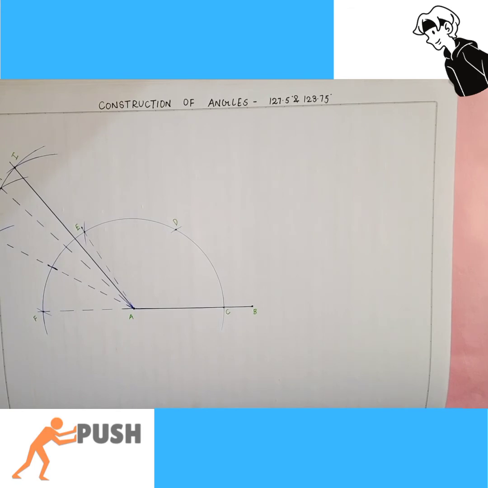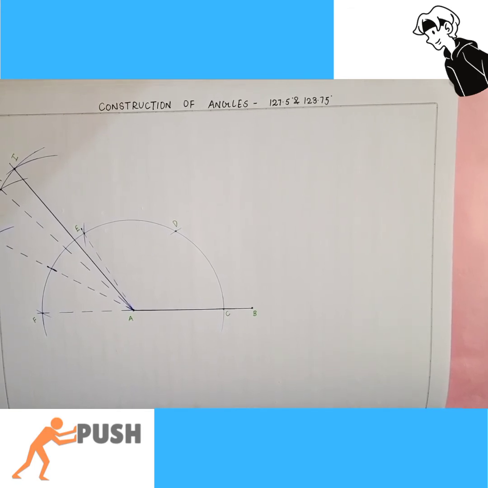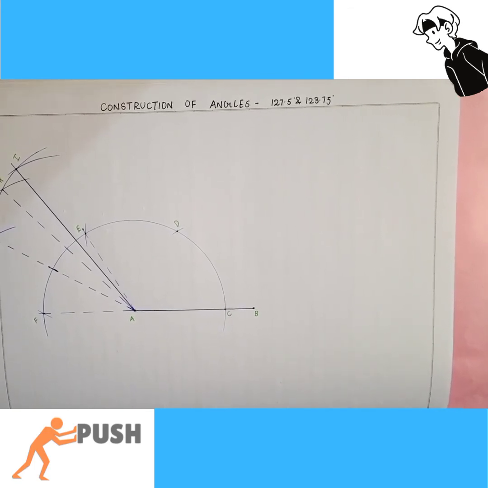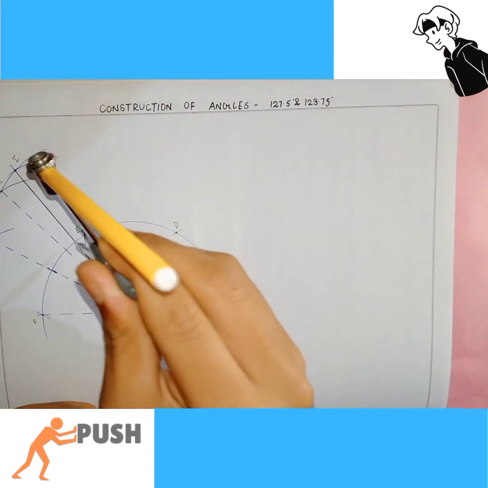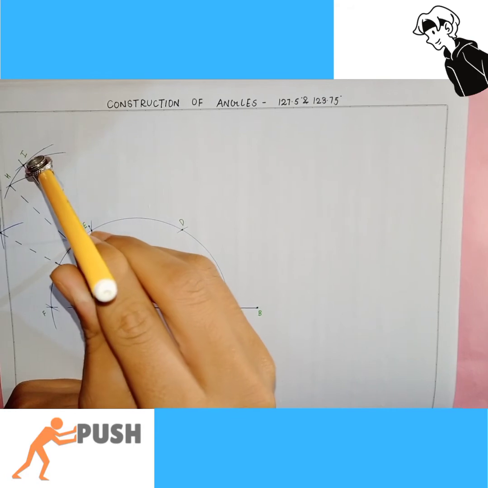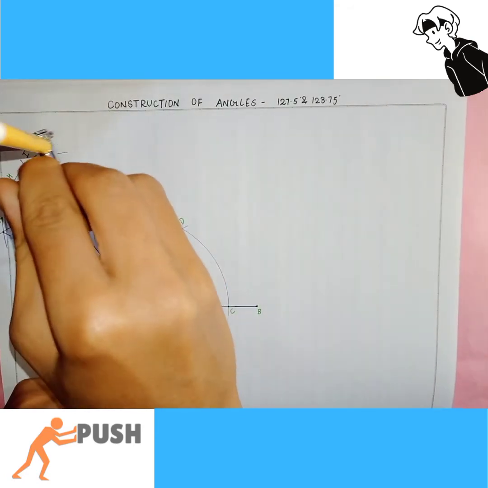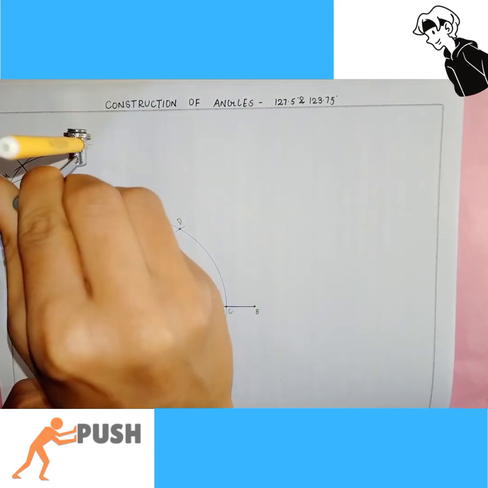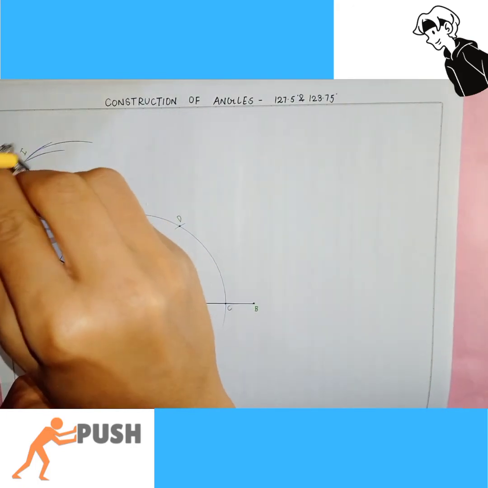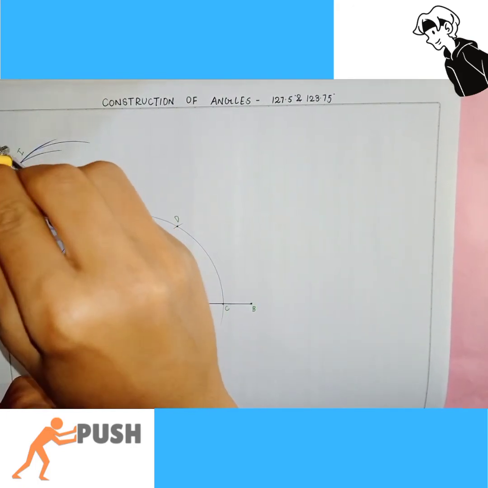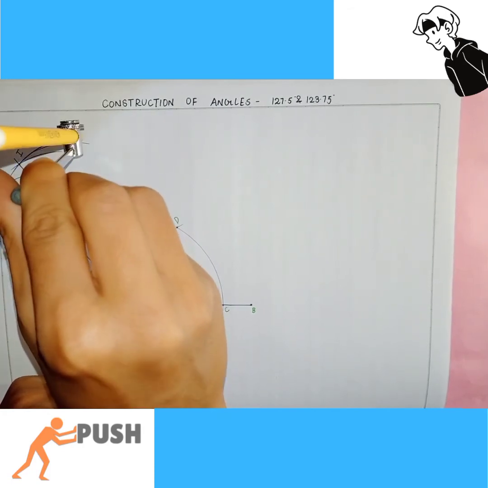Now the last is 123.75. So that is basically in bisecting 127.5 and 120. So keep the compass point here, cut an arc, then on 120 degree try to intersect the previous arc.